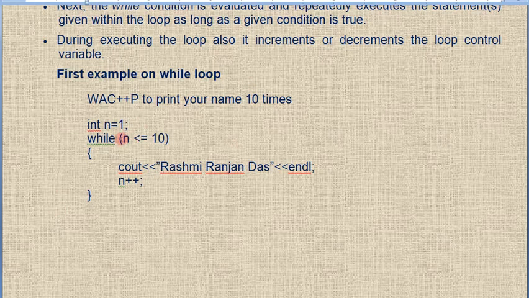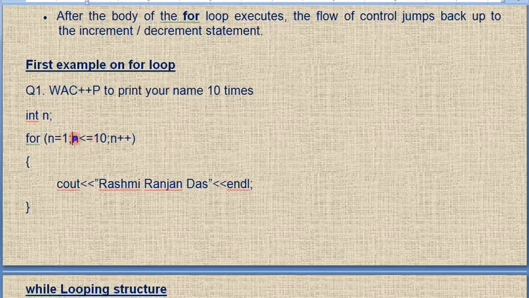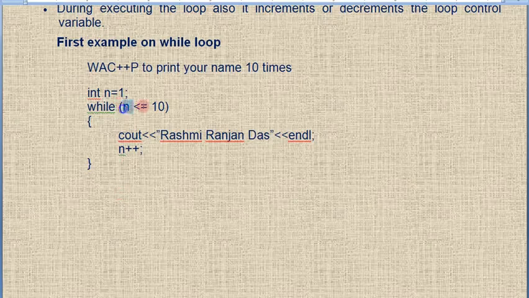Thereafter we have to make the condition. How will you make this condition? You simply write the middle part of the for loop here in while. That is, while, which is case sensitive, small letter, n less than 10. N less than 10 means until n is less than or equal to 10, it will keep continuing the job.